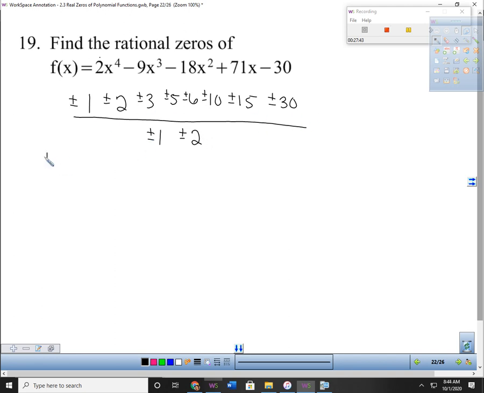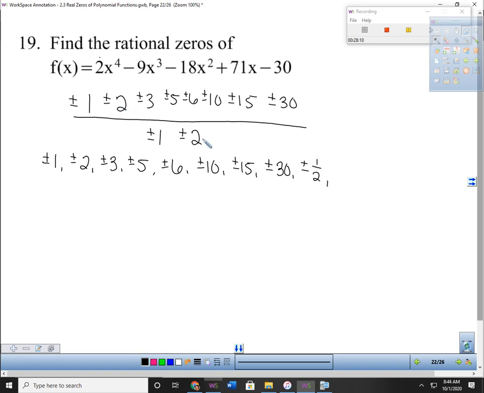So 1, 2, 3, 5, 6, 10, 15, and 30. Then you're going to take everything on top and divide it by 2. So 1 divided by 2, that's a half.